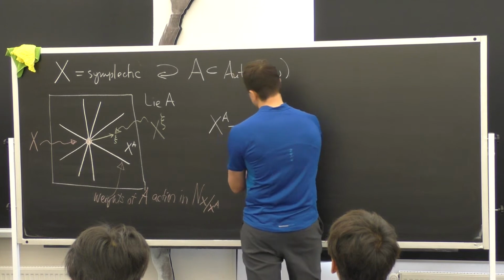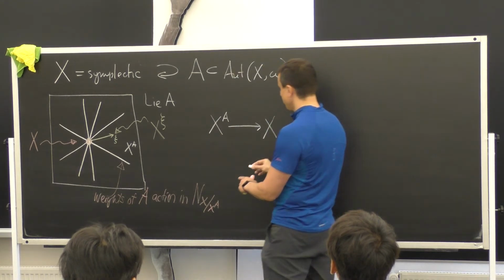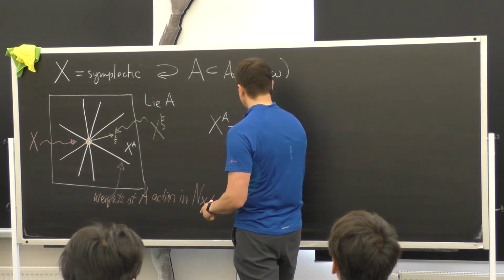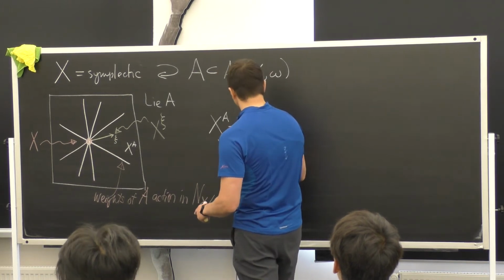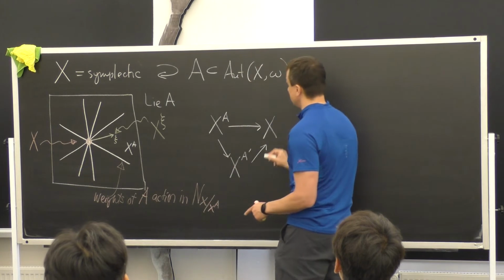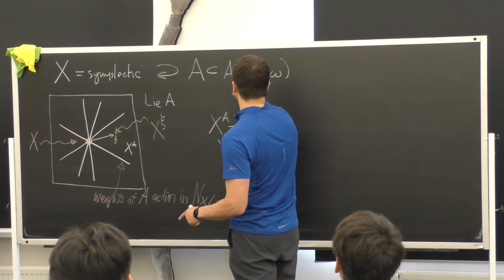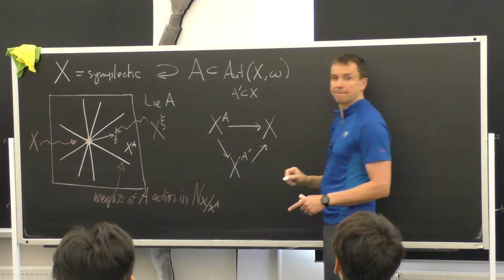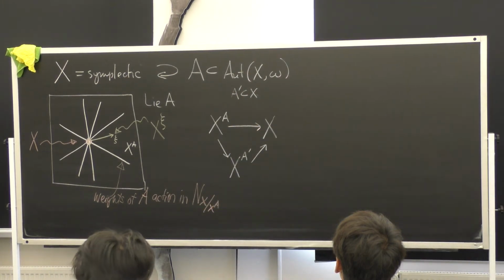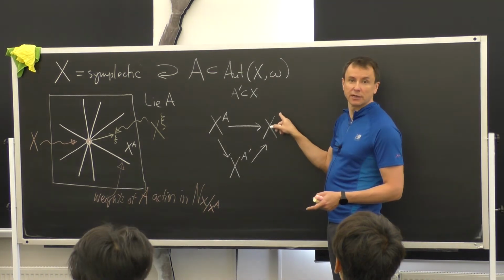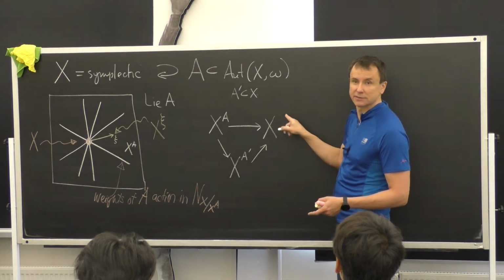This means we have a correspondence between these two, and if I take any subtorus, then the correspondences compose in the way we want, where A prime is a subtorus in A. X itself corresponds to the trivial subtorus.